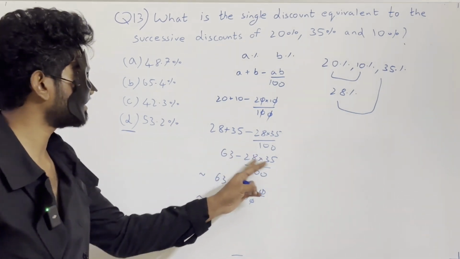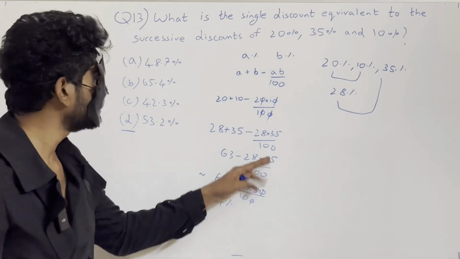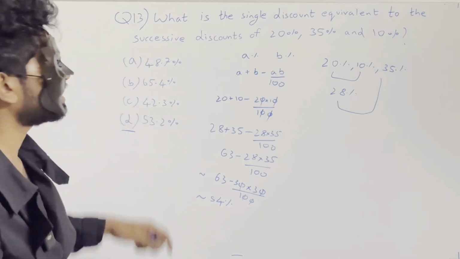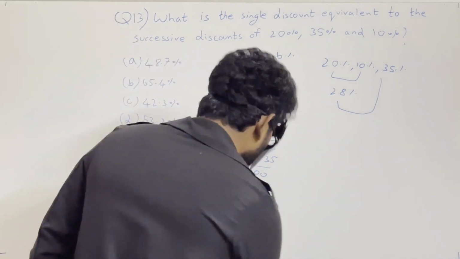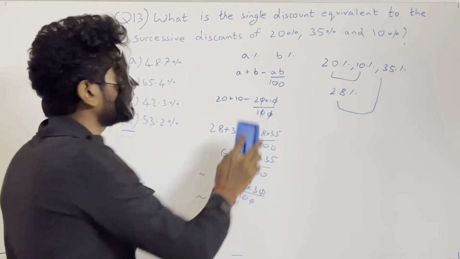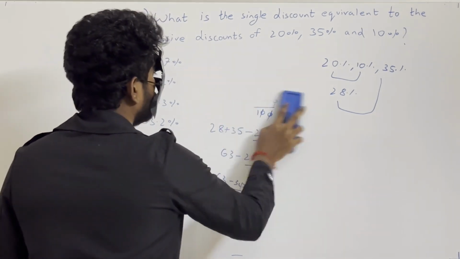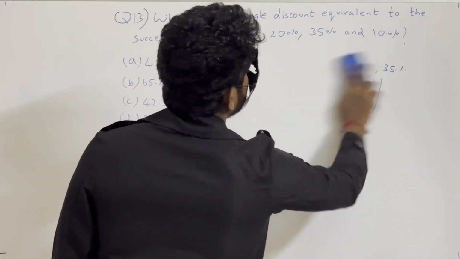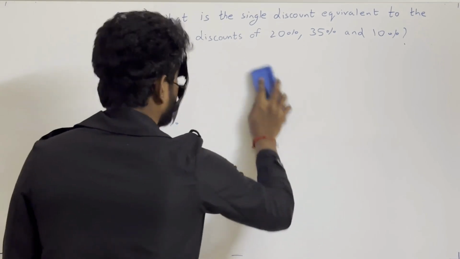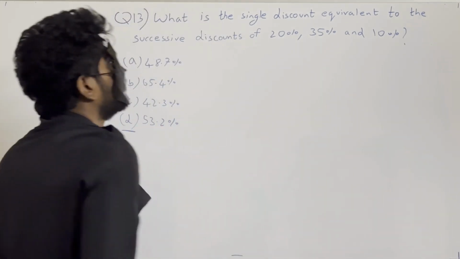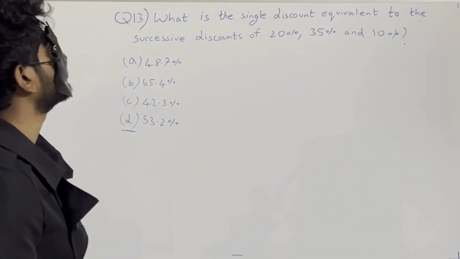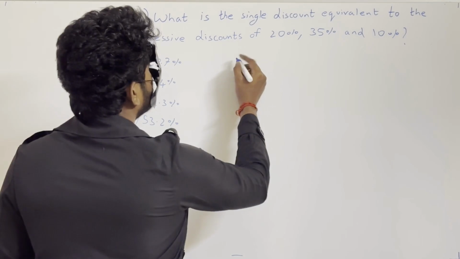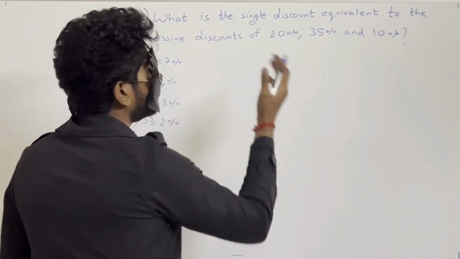Otherwise you can directly calculate and simplify this, but it will take a long time. That is why I have approximated it, because the options are far away. And the other method is, we can use the fraction method also. For example, first he has given 20% discount, right? So you will sell it at 80.